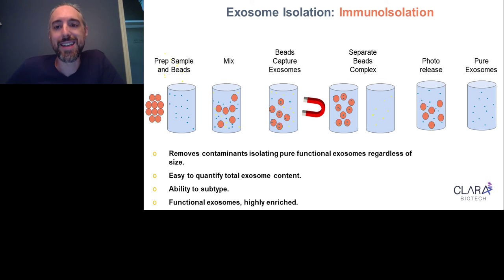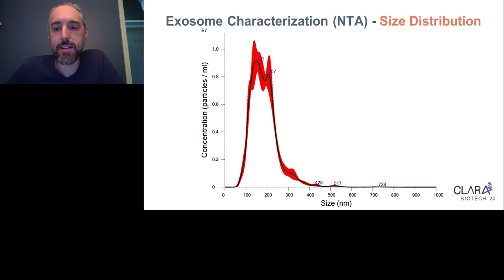This is a chart called an NTA, nanoparticle tracking analysis. This is a commonly used characterization of exosome purity and quality. And as you can see here, on the x-axis, we have size in nanometers, from 0 to 1,000 in this case. And on the y-axis, we have concentration, or number of exosomes per sample.